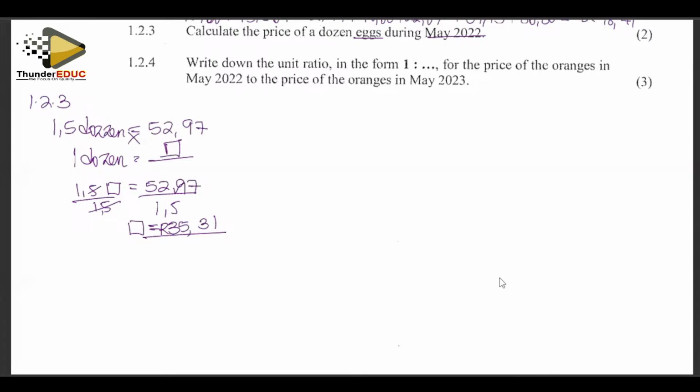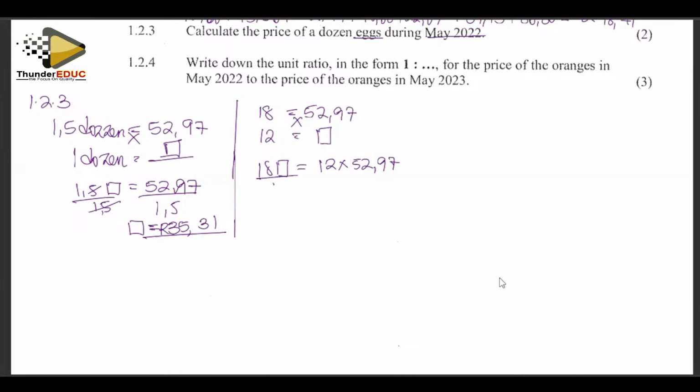All right. Someone would have said 1.5 dozens. These are 18 items. So if 18 items cost this much, what about if they are 12? What could be the answer? Same story. 18 into the box times 12 times 52.97.